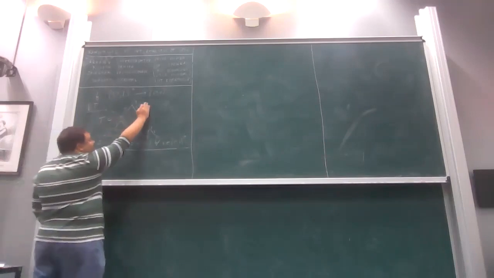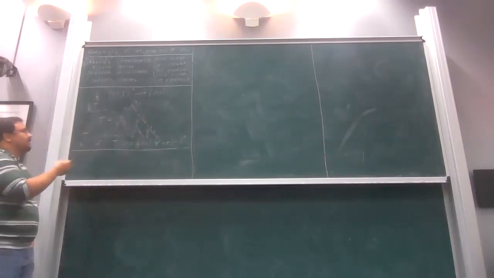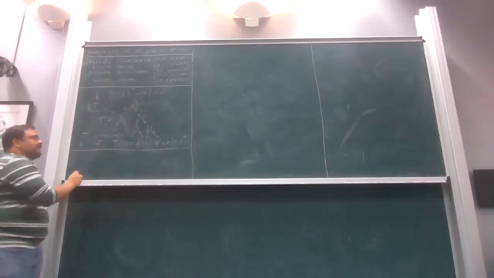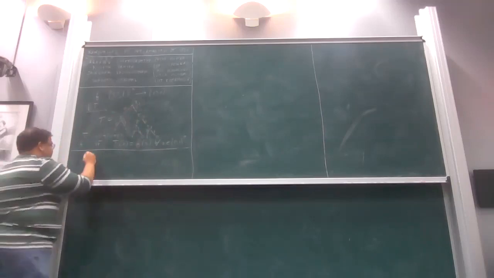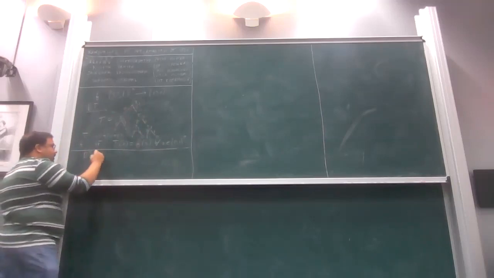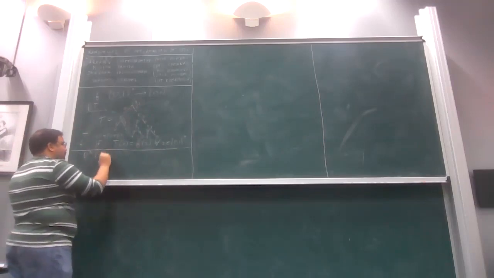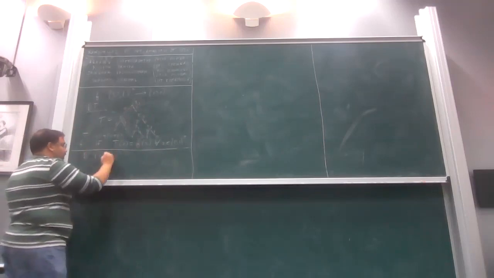Rather than querying single variables, we're going to allow decision trees to query some fixed functions of variables. So in particular, first I'm going to define D of f.